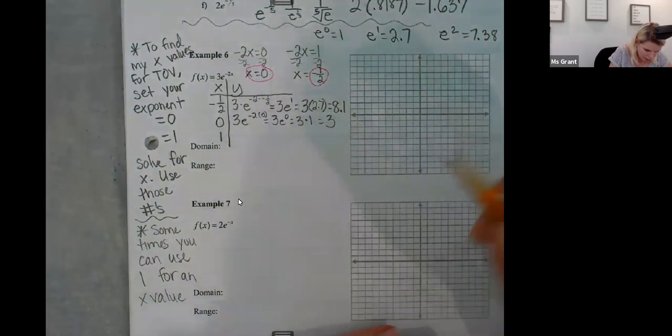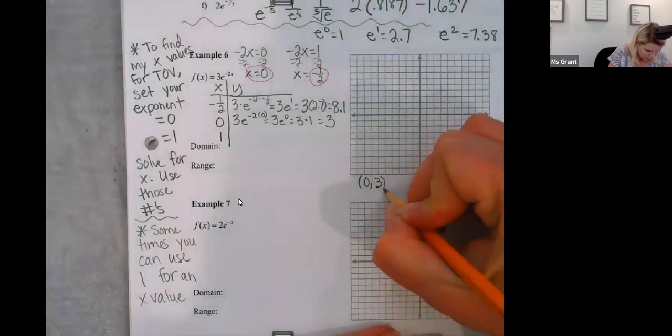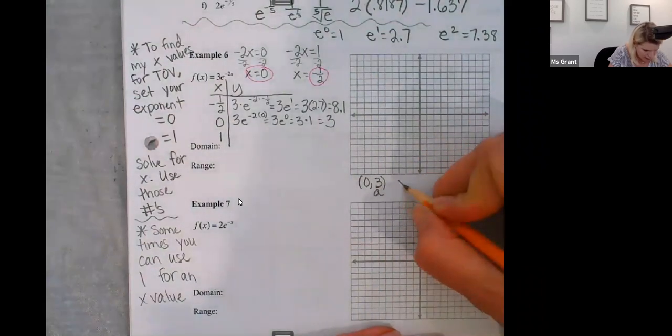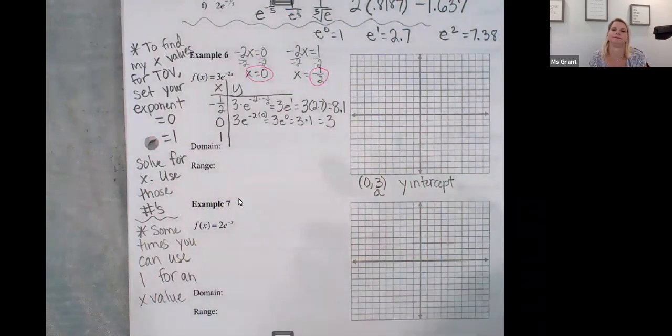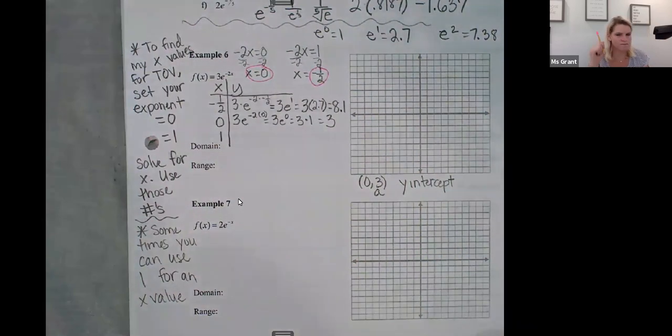Hey, (0, 3). a is 3. That's my y-intercept. Just wanted to throw that out there.